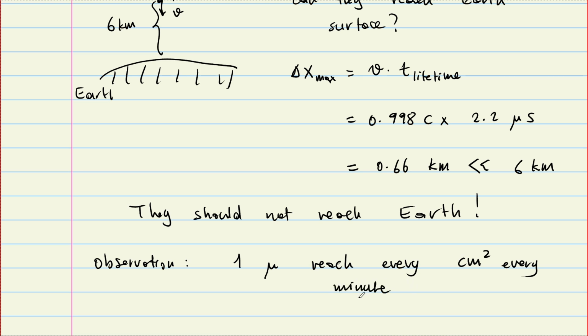Okay, for 1 minute, 1 centimeter square, there's 1 muon. This is a huge number, right? Wherever you put your detector, you just see muons bombarding you all the time. So then something is wrong here, right? We have to fix this calculation. What is wrong?